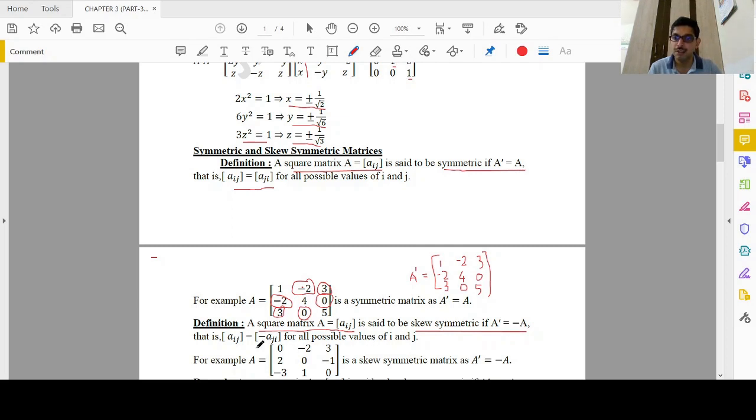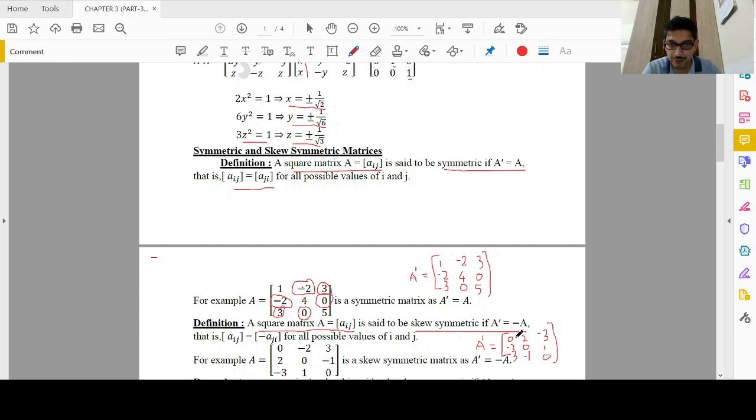For example, if A equals to 0 minus 2 3, 2 0 minus 1, minus 3 1 0, this will be a skew symmetric matrix, because if you write A dash, it will be 0 2 minus 3, minus 2 0 1, 3 minus 1 0.